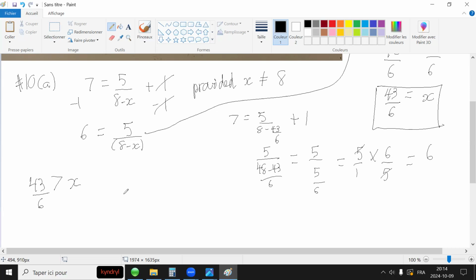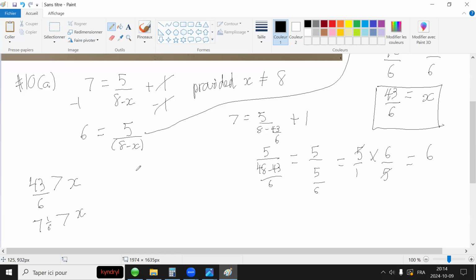So let's take something quite simple. Let's go with 3, for instance. Because of course 43 over 6 is going to give me 7 and 1/6. So it had to be smaller than that.